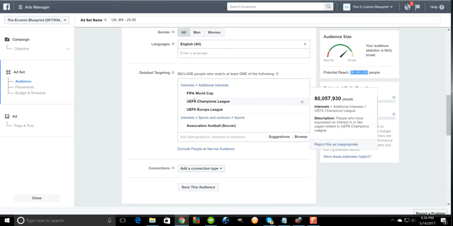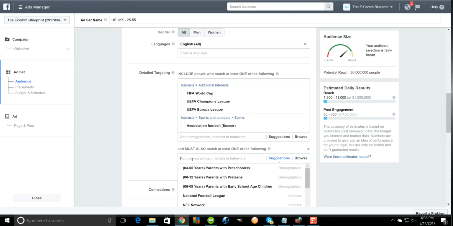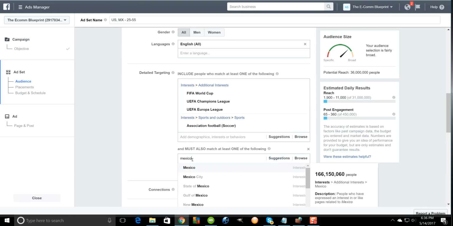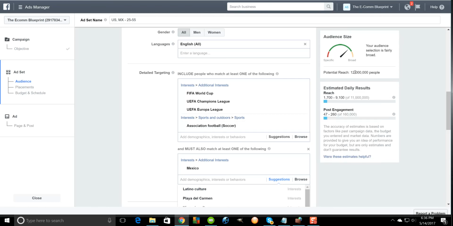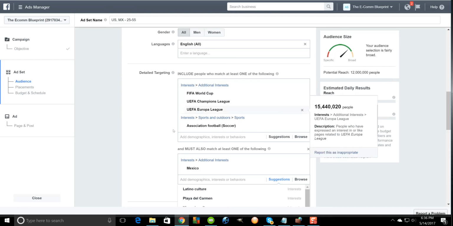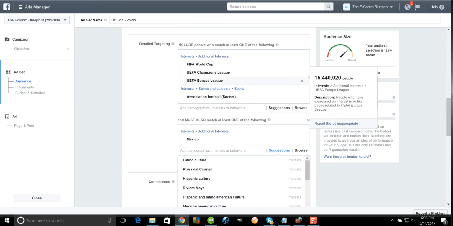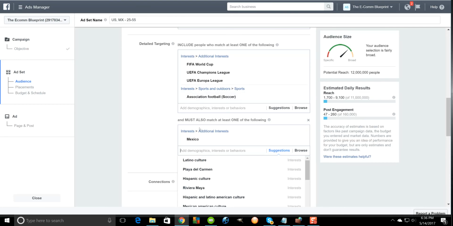Okay, so once we get some of the bigger audiences in here, what we want to do is just kind of narrow it down to Mexico now, because, and I'll explain to you why in one second, you're going to notice how this went down. The way it works is when you have all these interests in here, and there's like 30 million people, we need to find people who are interested in all these things, but also interested in Mexico, okay?